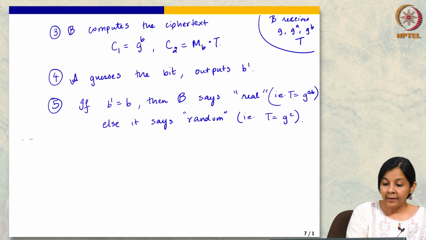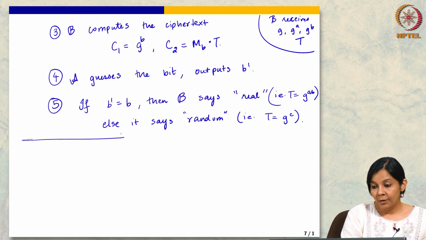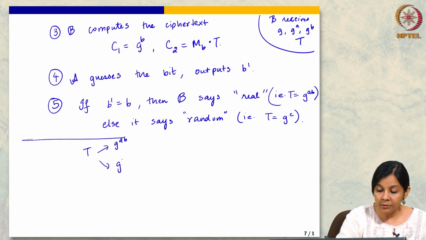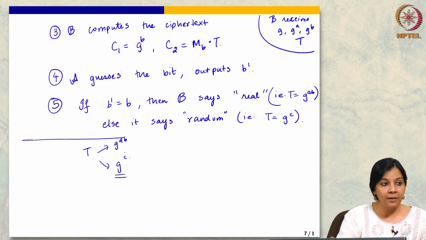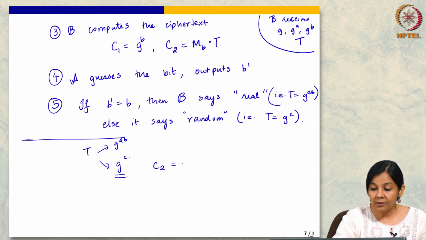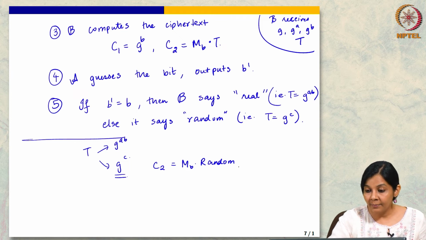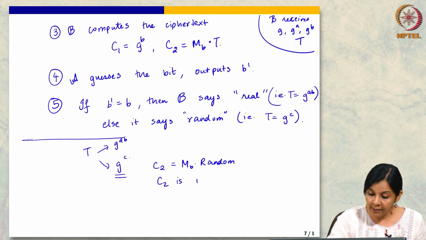So, let us analyze this. Okay. So, now this T is either equal to G to the AB or it is equal to G to the C. Now, first consider the situation where it is equal to G to the C. In this case, my C2 is MB times random, right, and if it is MB times random, that means that C2 is itself random, right.